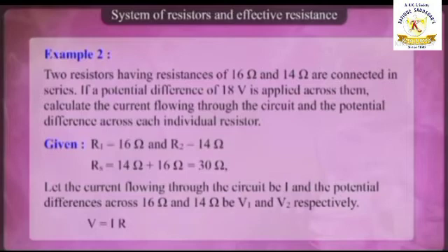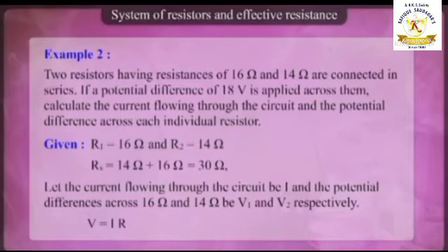Now let the current flowing through the circuit be I. Here students, we have to find out the current that is flowing through the circuit. So let the current flowing through the circuit be I and the potential differences across 16 ohm and 14 ohm be V1 and V2 respectively.